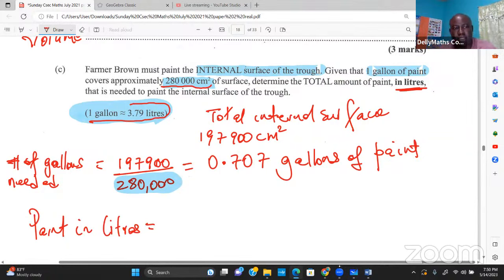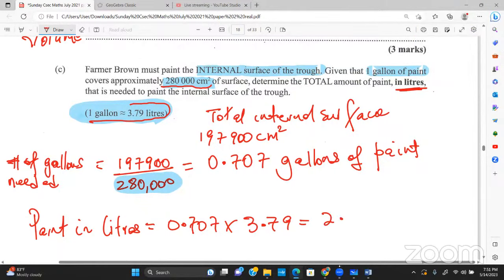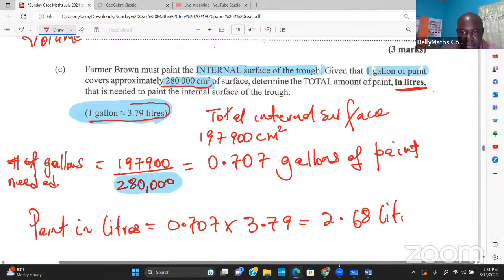The paint in liters now, understand that this is not even 1 gallon. So it's all multiplication. Multiply to convert it to liters. Whatever you get, that's the answer. 0.707 times 3.79, and you're getting 2.68 liters.